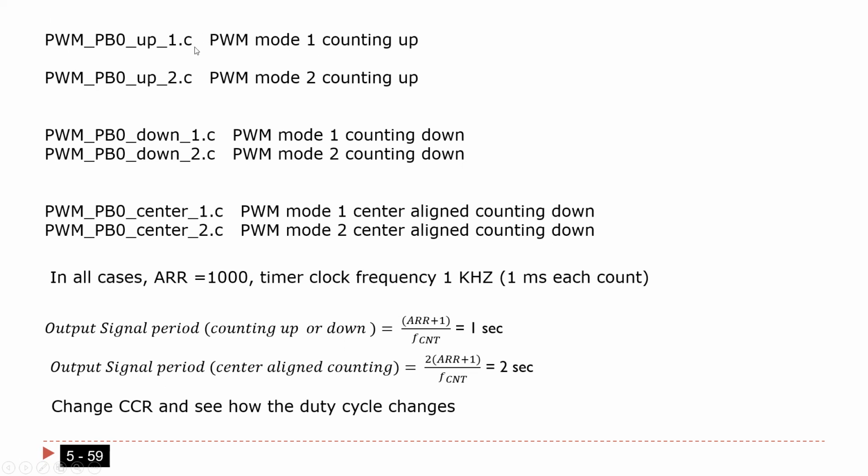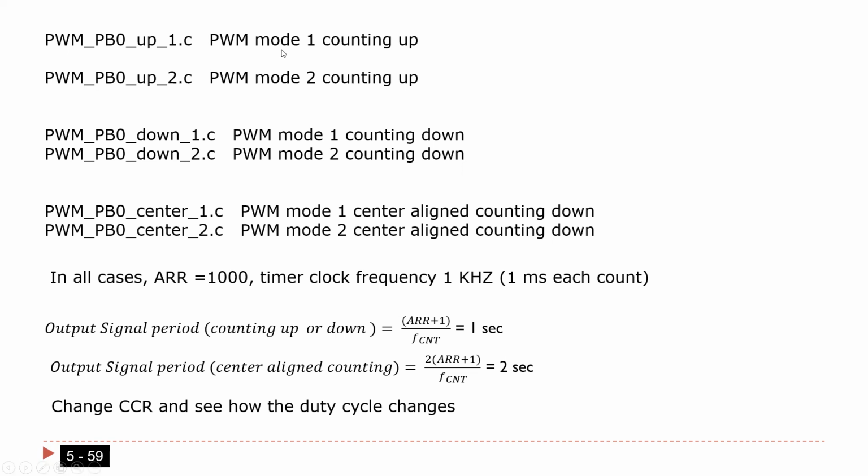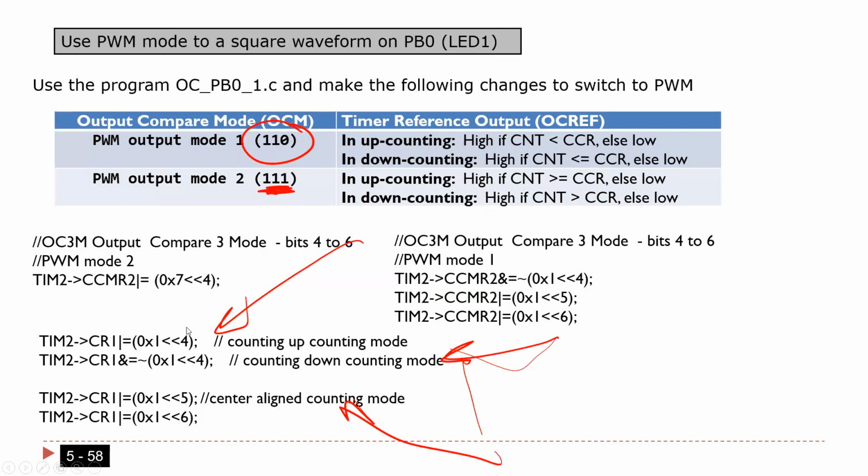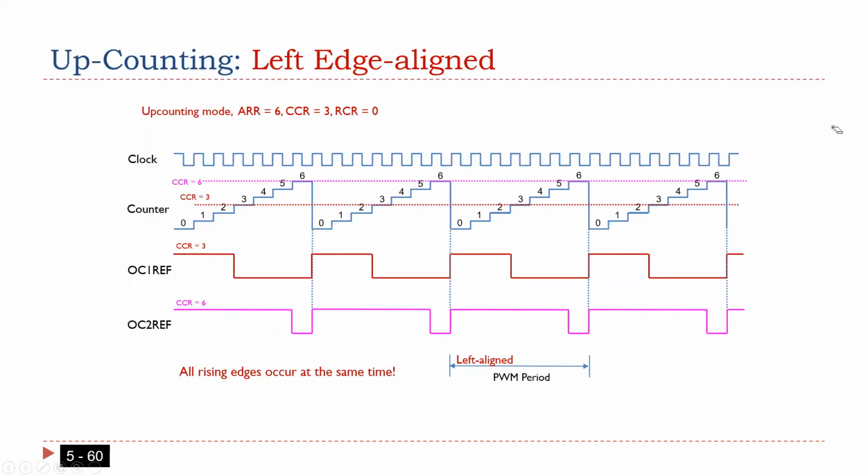If you see these two programs, they are exactly the same: we use counting up, but one is mode 2 and the other is mode 1. Same thing here, these two are the same but counting down. These two are the same, aligned counting up and down. I checked them and they are working. Any questions?